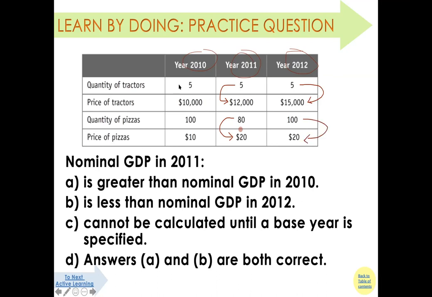And lastly, 2010, quantity times price here, quantity times price here. Okay, so this is how we calculate nominal GDP. Once we calculate nominal GDP, and then so we can compare which one has larger nominal GDP.